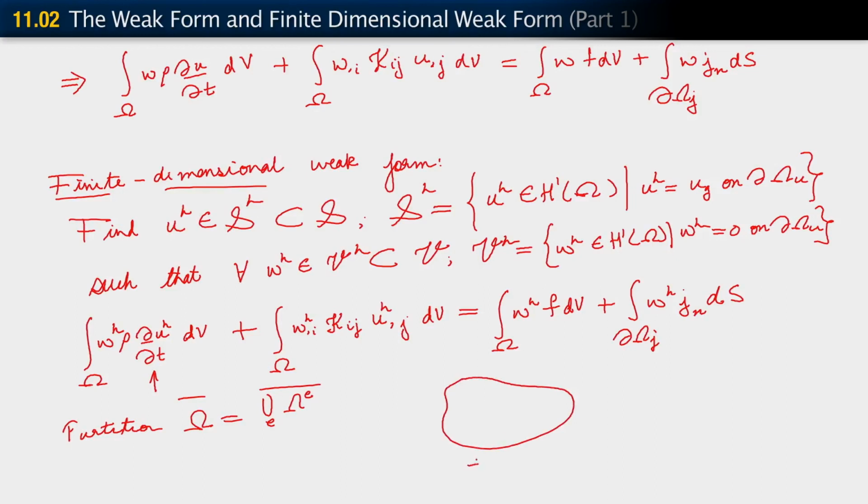If this is omega, let's suppose again, since we are in 3D, that we are using our hexahedral element subdomains, and that is one of our elements. This is omega sup e. Okay, all of that is the same.